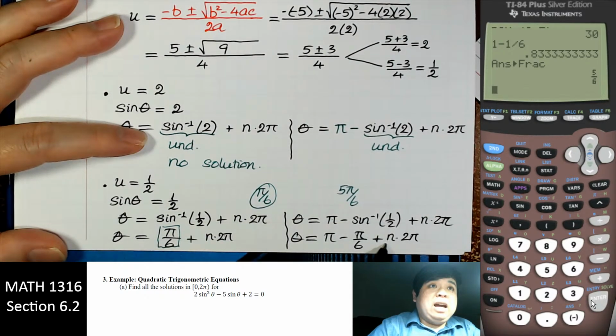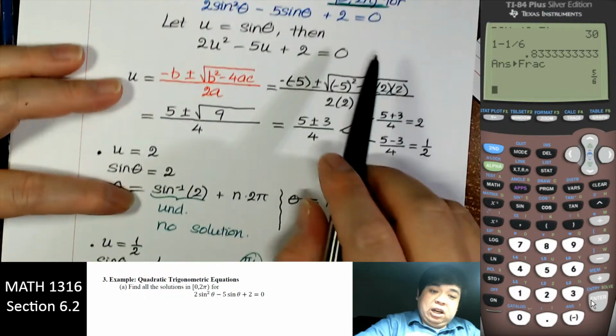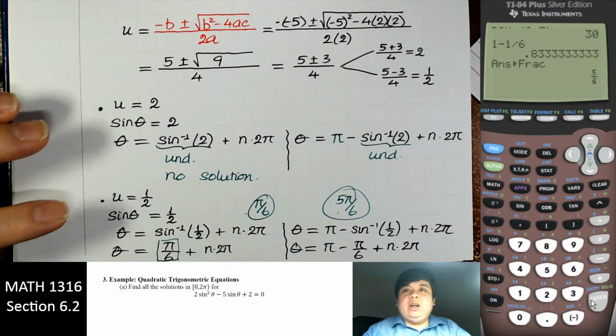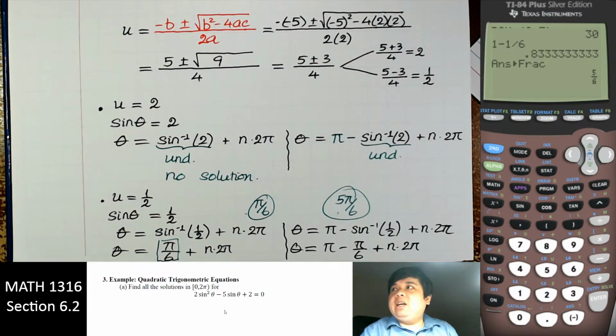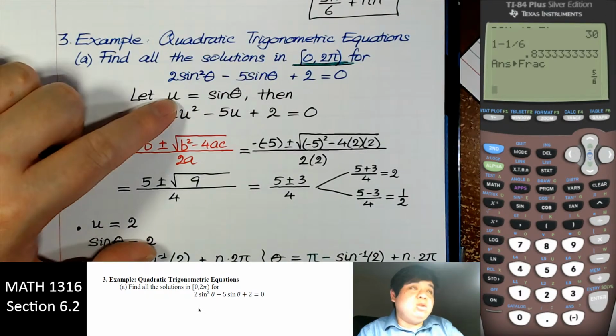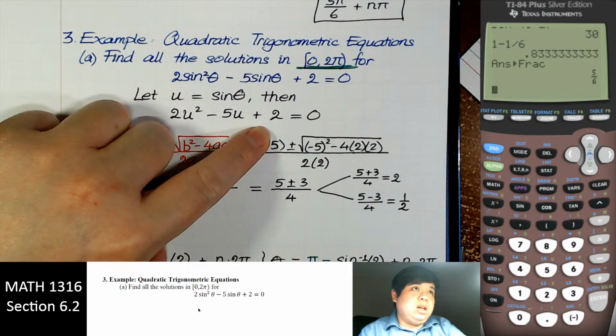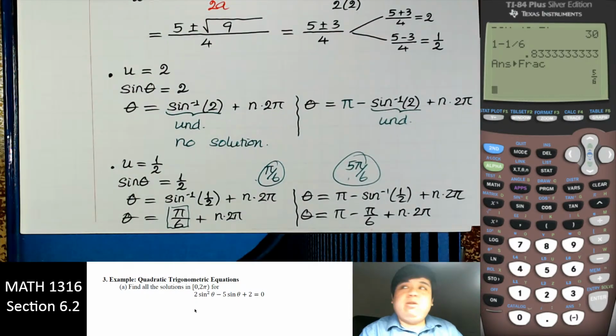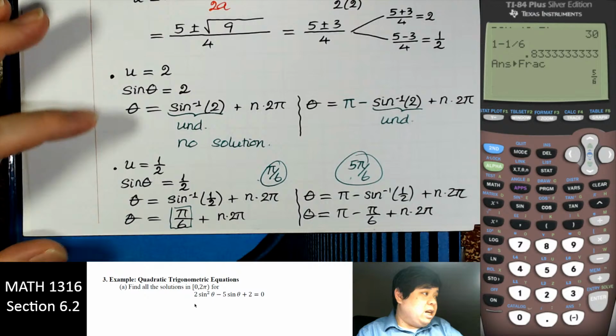And if we let n be 1 or 2 or something, it will not be between 0 and 2 pi anymore. So in this case we have two solutions. So there is nothing new here. For quadratic, just make that u and we'll do the substitution. Solve for u first and then solve for the trig function for each case.